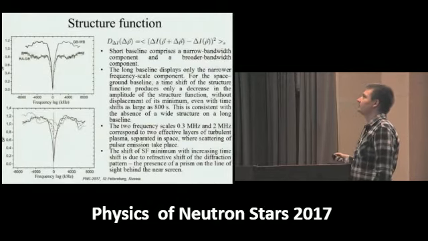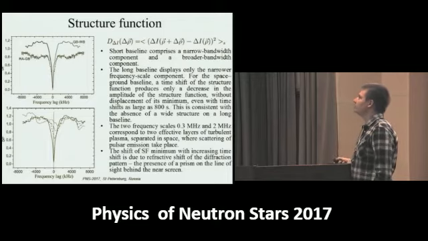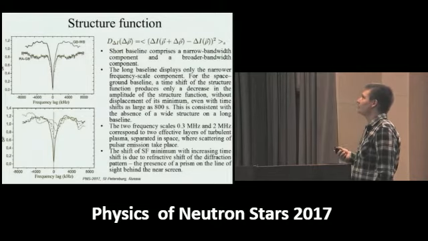The next analysis we can make is with the structure function. On this figure you can see the structure function for ground and space-ground baselines, and the structure function with different time shifts. You can see that the short baseline shows a narrow-band component and a broad-bandwidth component.